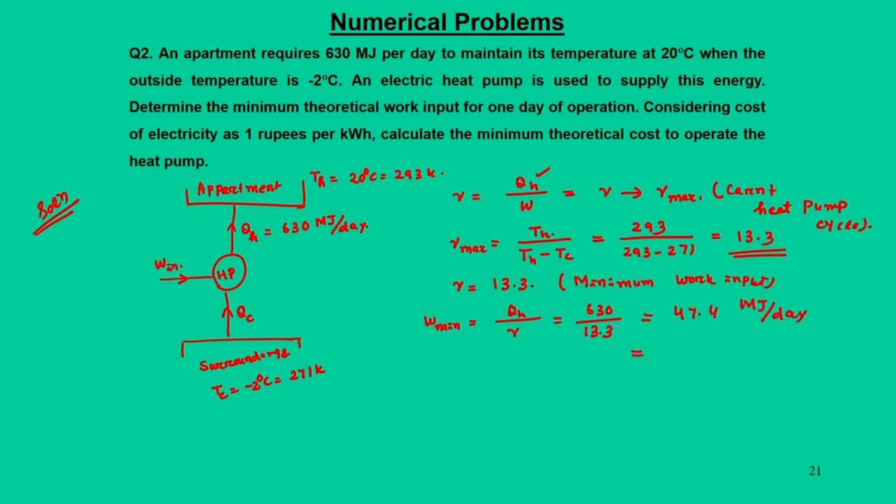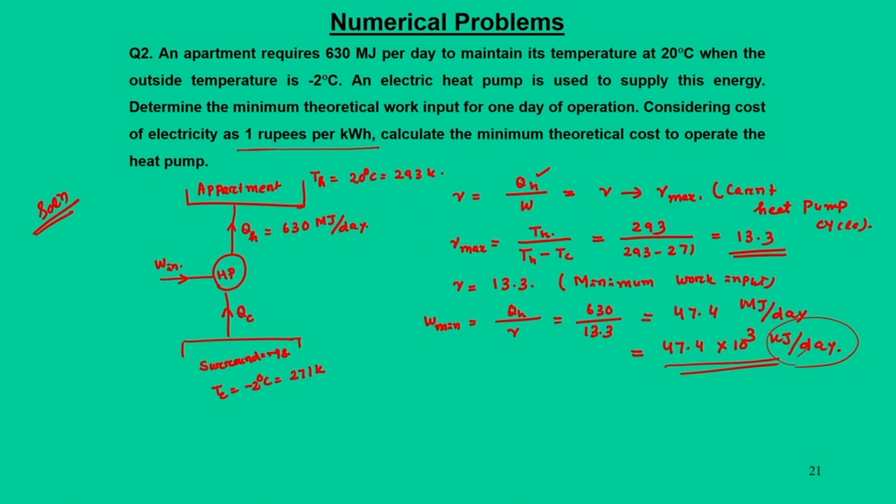We can simply write this as 47.4 into 10 to the power 3 kilojoule per day. That is required, because you are given the cost of electricity as 1 rupee per kilowatt hour. So, somehow you have to change this to the form of kilojoule.